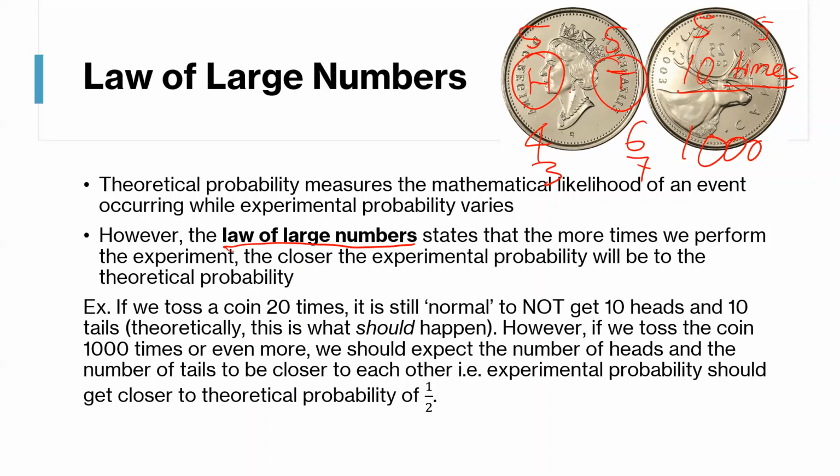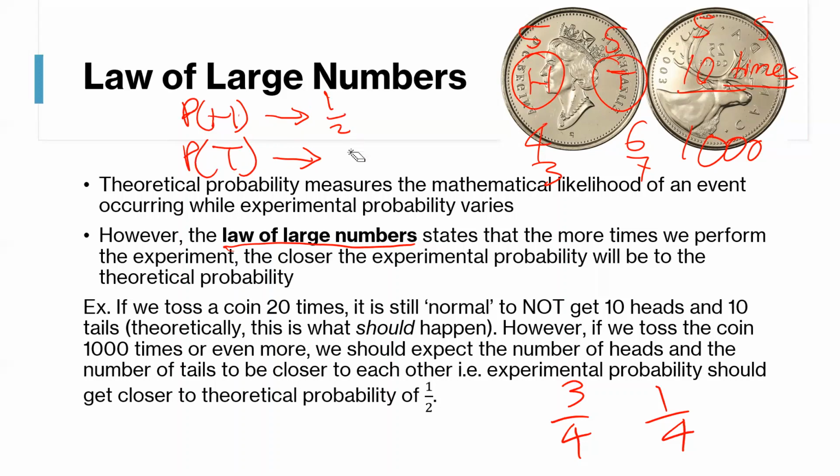But if you were to toss it 1,000 times, 10,000 times, 1,000,000 times, and you for some reason got one outcome 1/3 of the time, this is just an example, this would be extreme, and then you got the other outcome only 1/4 of the time, that's weird, right? Because they really should be quite close to each other. So even though the probability of getting heads may change depending on the experiment, and the probability of tails will also change, eventually both of these probabilities should go towards being the same, 1/2 and 1/2.